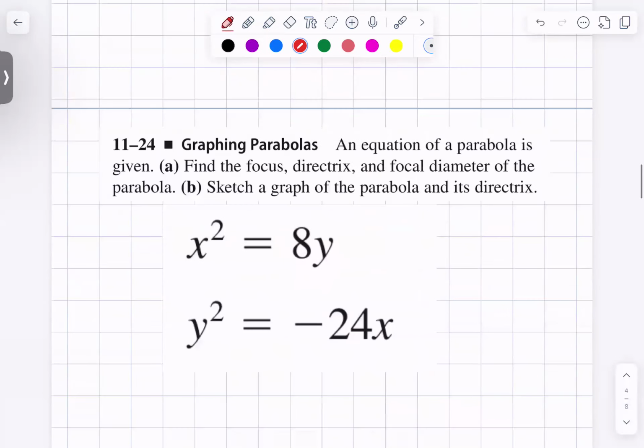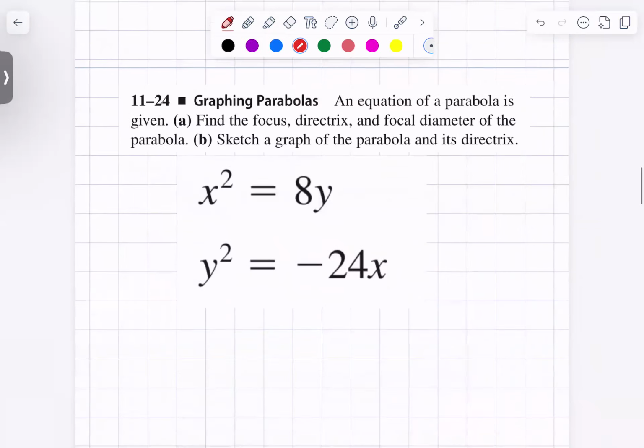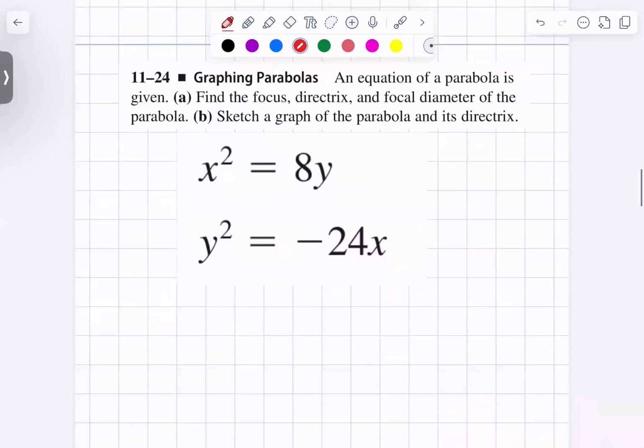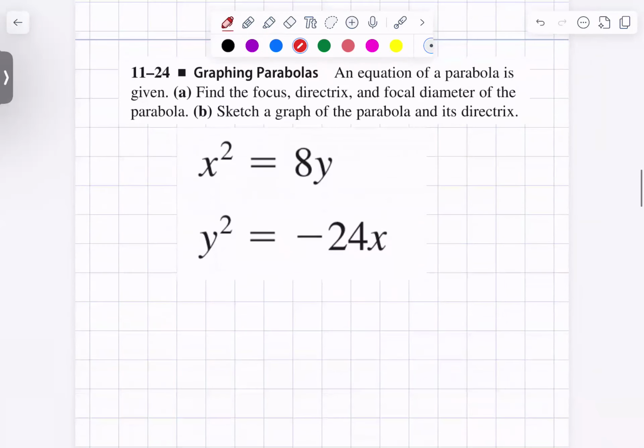All right. So in this case, an equation of the parabola is given. Find the focus, directrix, and focal diameter.